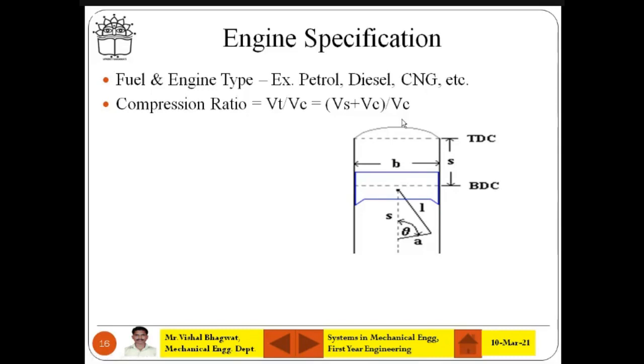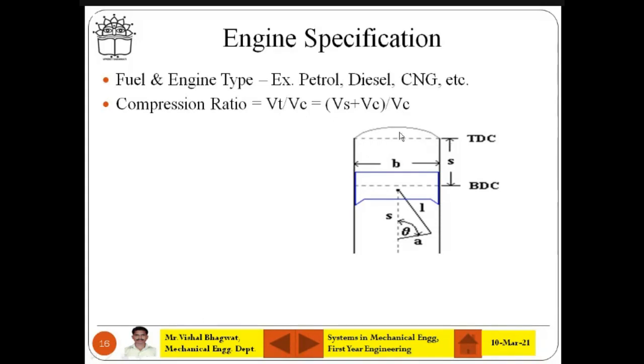The engine is designed on it. Diesel engine has a higher compression ratio than the petrol engine. What is the compression ratio? It is total volume divided by clearance volume. Total volume is from this dotted line to this curvature. And what is under the curvature? It is the clearance volume, from this TDC dotted line to the curvature of the cylinder.